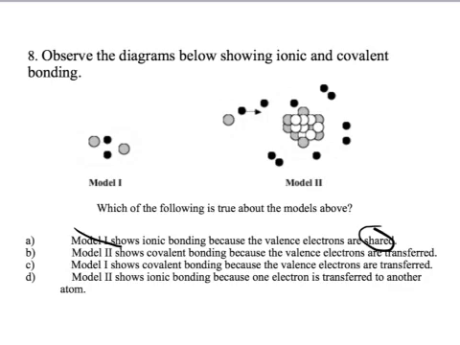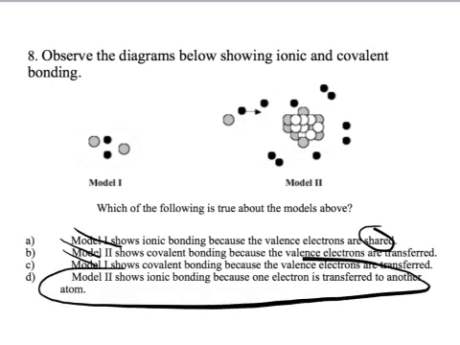B, model 2 shows covalent bonding because valence electrons are transferred. Wait a minute, what's the definition of a covalent bond? They're sharing electrons. So it can't be B. C, model 1 shows covalent bonding because valence electrons are transferred. No, because in covalent bonding, electrons are shared. D, model 2 shows ionic bonding because one electron is transferred to the other atom. That's the correct answer. That's what model 2 is, and that's also the definition of ionic bonding.